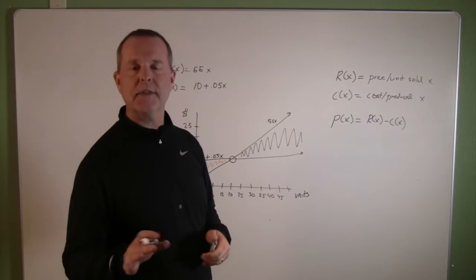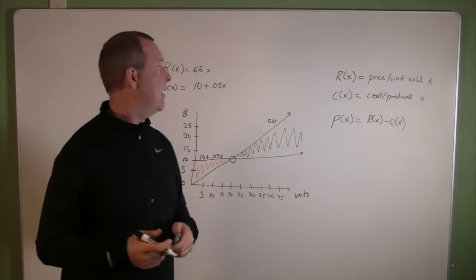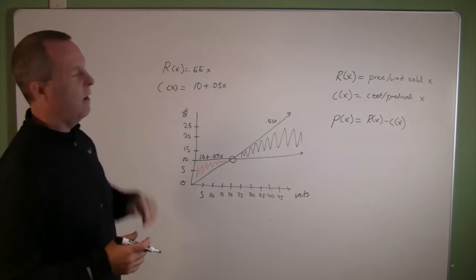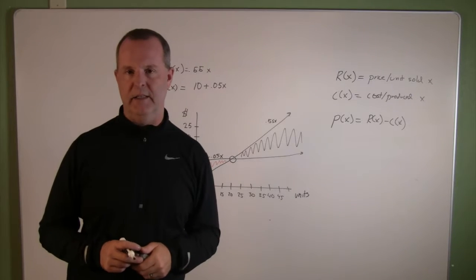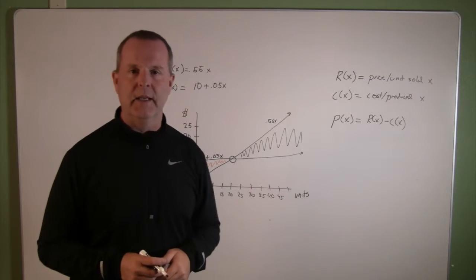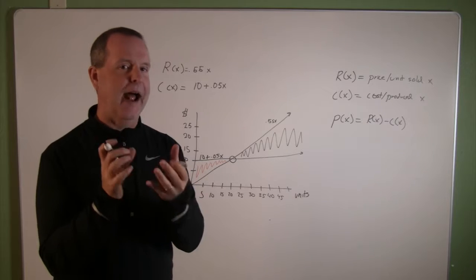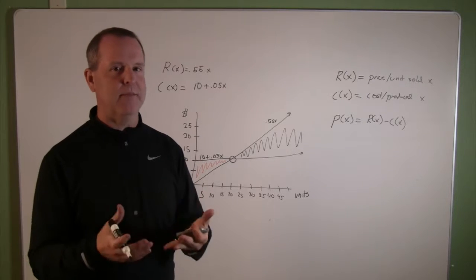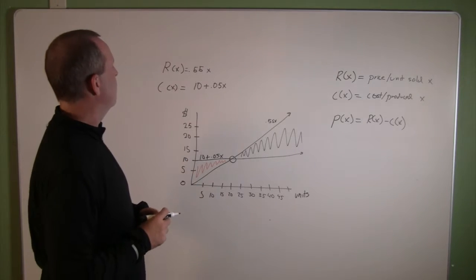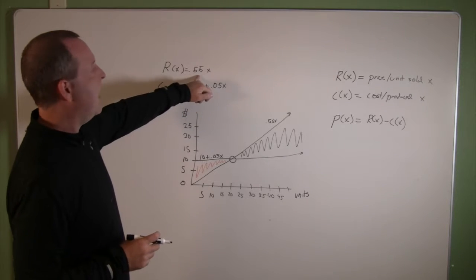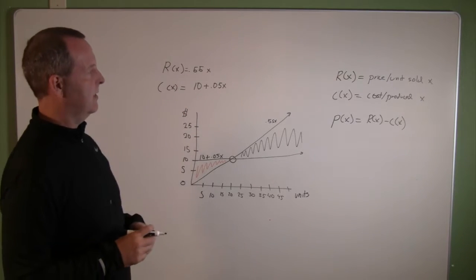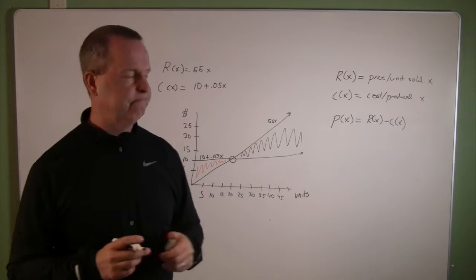So let's put in some numbers for our lemonade stand. Say that I want to sell my lemonade for 55 cents per unit. Nice round number right there. 55 cents is how much I'm going to price it at.